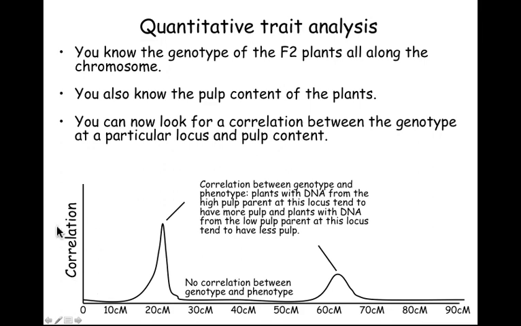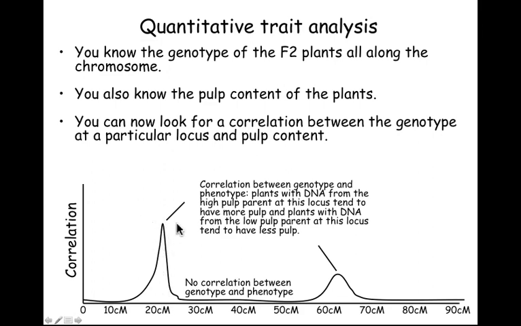It doesn't make any difference with regards to what sort of a phenotype you're seeing. But then as you get to other positions on the chromosome, you'll find that there is a correlation. Say most of the plants in the F2 that have high pulp content had single nucleotide polymorphisms that came from the high pulp content parent. And this tells you that there must be some gene in this region that's contributing to this phenotype.